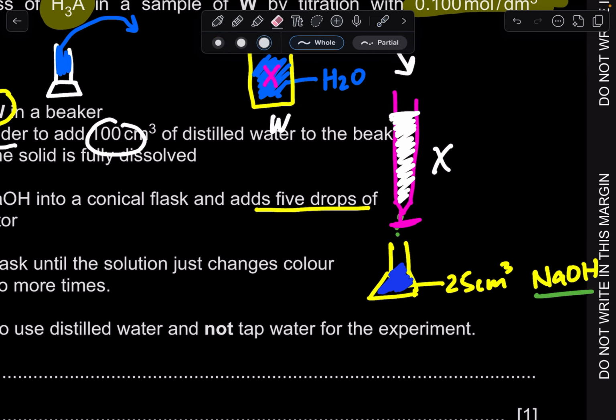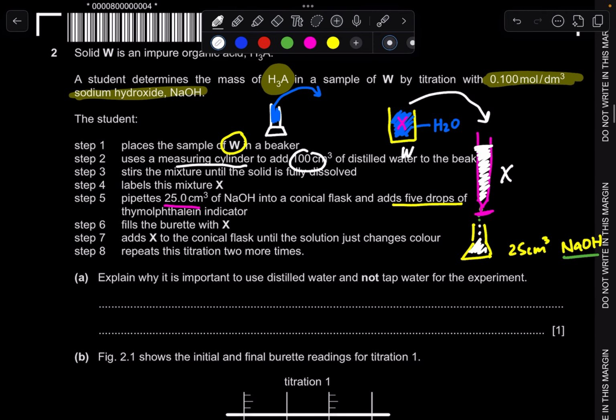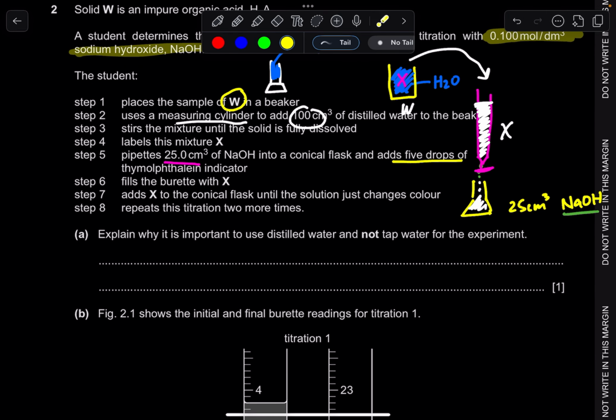So finally this mixture is going to turn colorless at one instant, when we keep adding this acid from the burette drop by drop. Now what he says, and repeats the titration 2 more times.